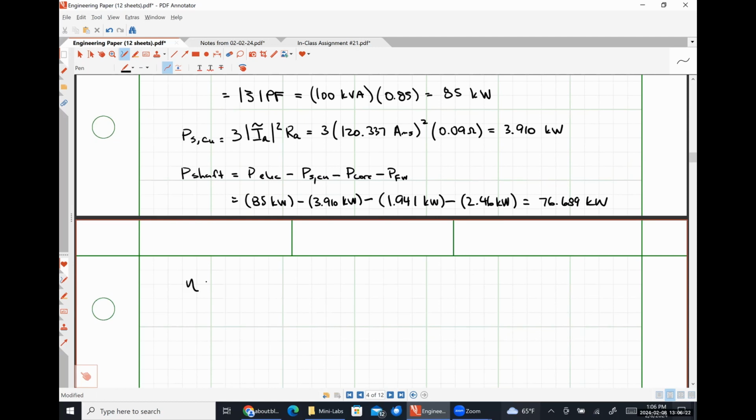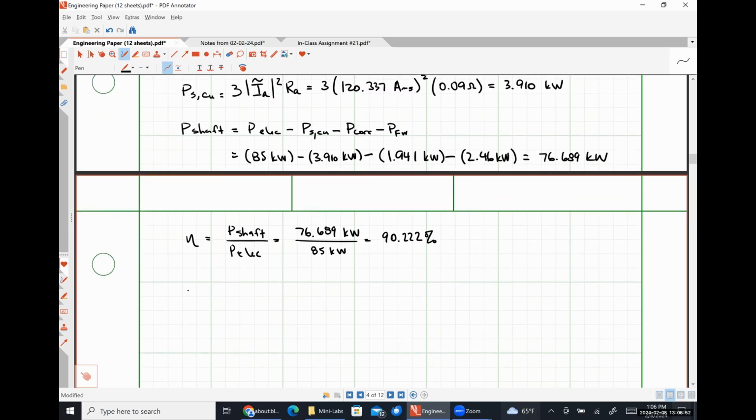Our efficiency is simply the ratio of P shaft to P electric, because this is working as a motor. So that's 76.689 kilowatts over 85 kilowatts, which comes out to be 90.222%.